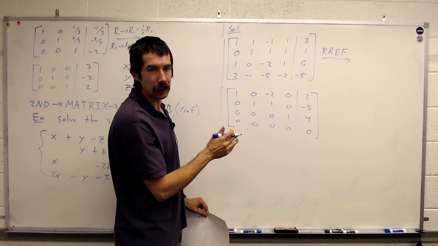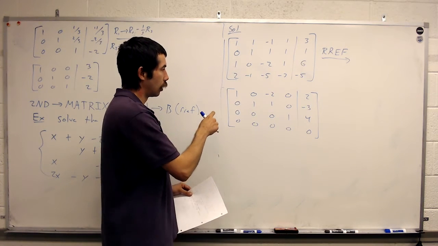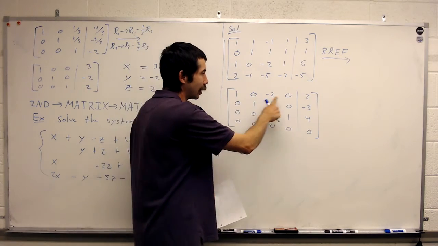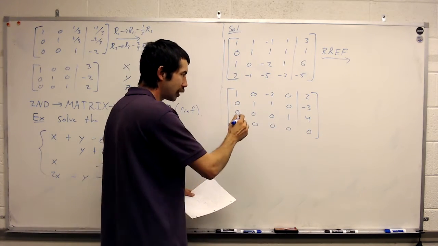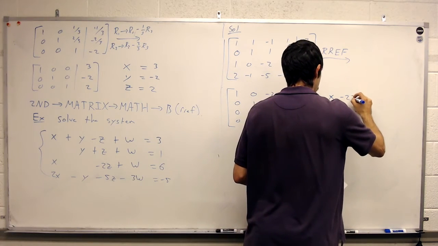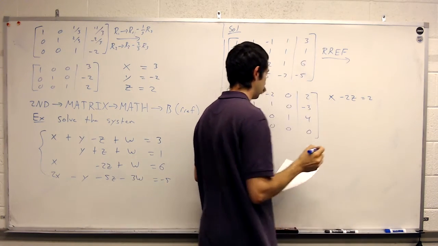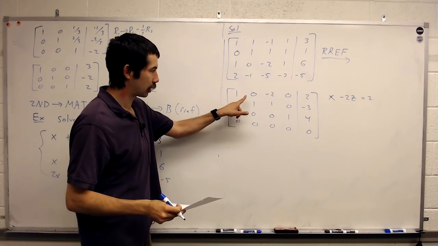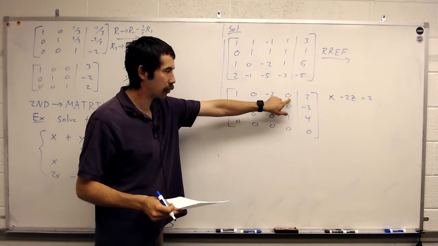We want to solve the system of equations. And so what we're going to do is translate each of these rows back into an equation. This says x minus 2z equals 2, right? 1x, 0y, minus 2z, 0w equals 2.